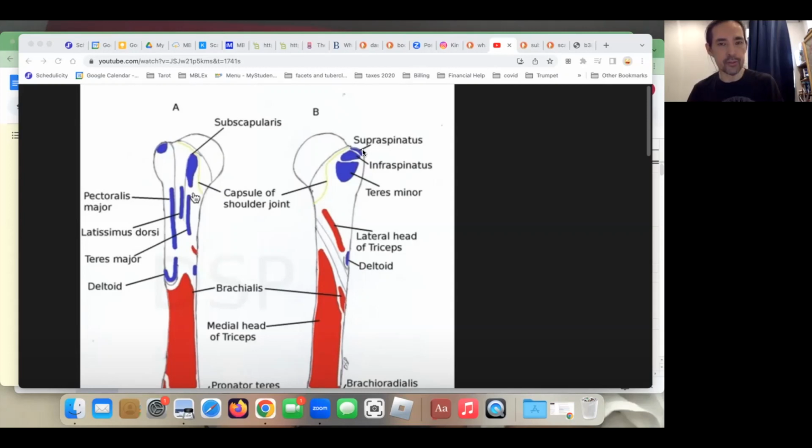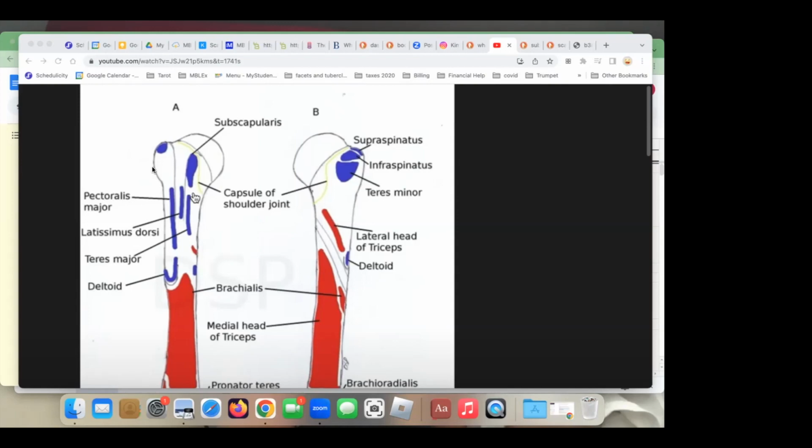Okay, from the front to the back, the attachments are supraspinatus, infraspinatus, teres minor. And they all attach to the more lateral aspect. The subscapularis is the more medial. The supraspinatus, infraspinatus, and teres are more lateral attachments. So that should make sense.